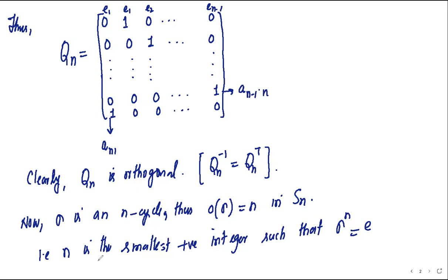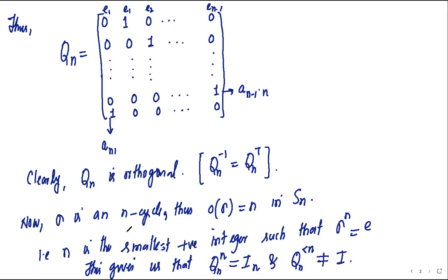So this gives us that Qn power n is equal to the identity matrix of order n, and Qn power anything less than n is not equal to identity. Since this sigma is a cycle of length n, its order is equal to n. So n is the smallest positive integer satisfying sigma power n is identity. So that means Q power n must be equal to the identity matrix.